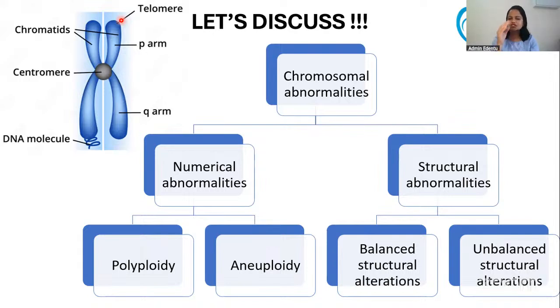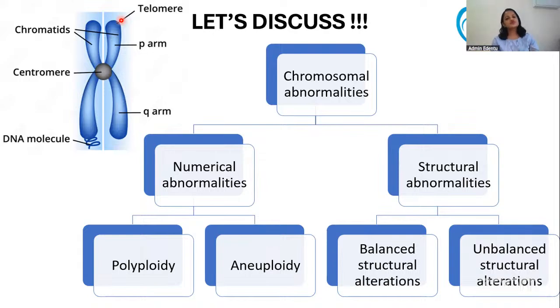So how do we know whether a cell is senile or new? By checking the telomere length alone. The telomere length will be much decreased in a senile cell.